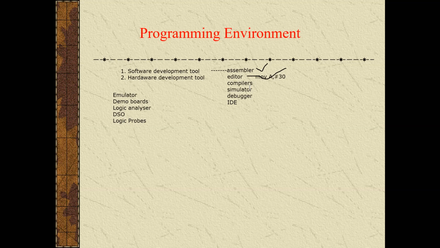An assembler generates two files, namely the object file and the assembler list file.